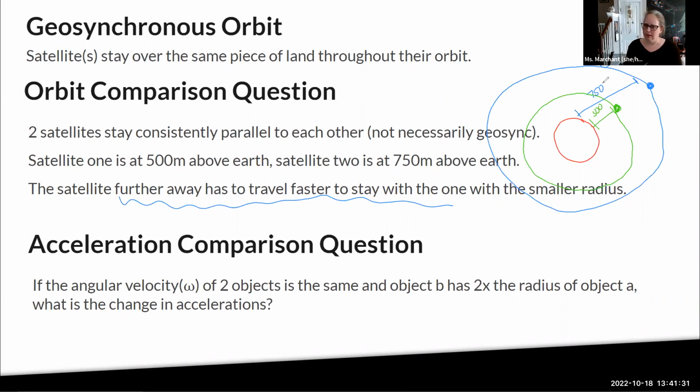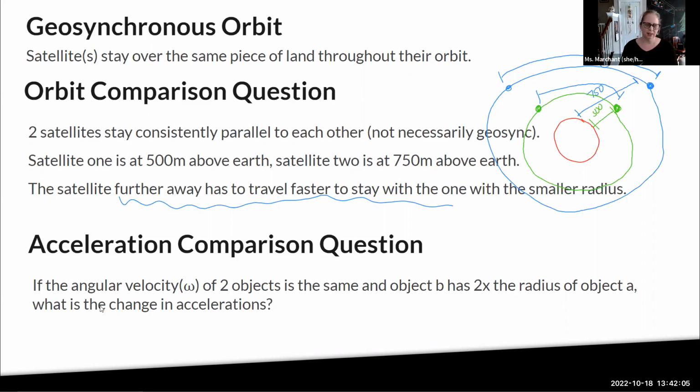If I had to straighten those out, the blue would be much further than the green. So if they're going to stay parallel with each other, then the green definitely travels a shorter amount than the blue. So for them to stay at the same spot, that blue one has to go faster. So the one with the larger path has to go faster.